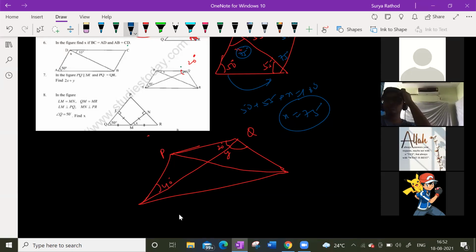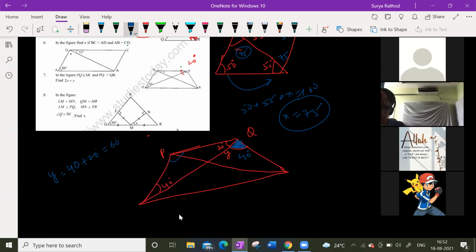Here is 40, so this part of the Y will be 40. And this will be what now? 60, 40. So the Y value will be how much? 40 plus 20, 60.